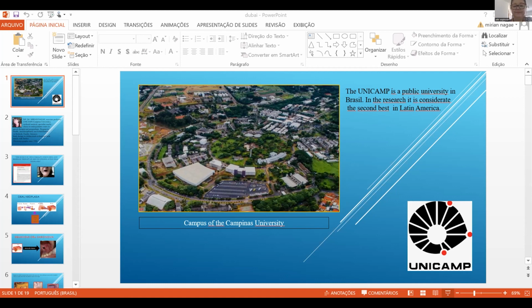We could see only your first slide, the campus of the Campinas University.